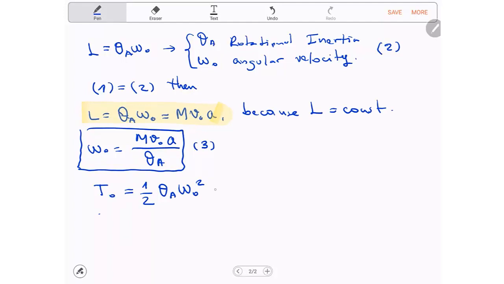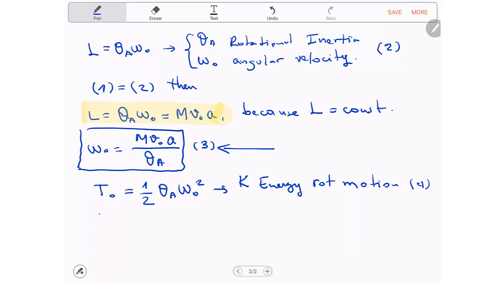This is the kinetic energy because of the rotational motion. Right before this equation, we have the angular velocity defined by this expression, and we call this equation number 4.